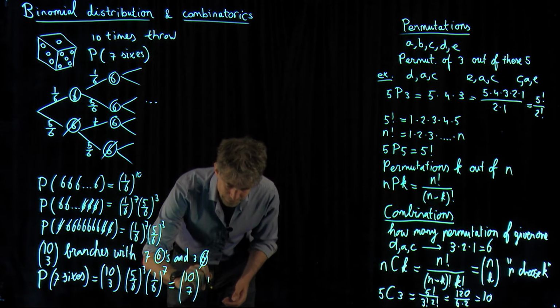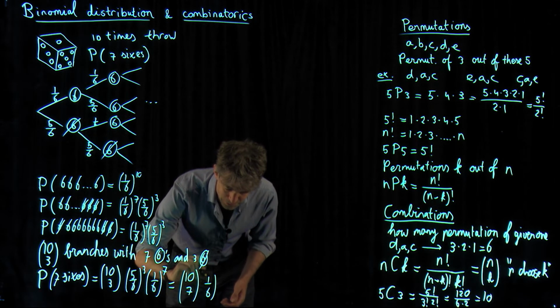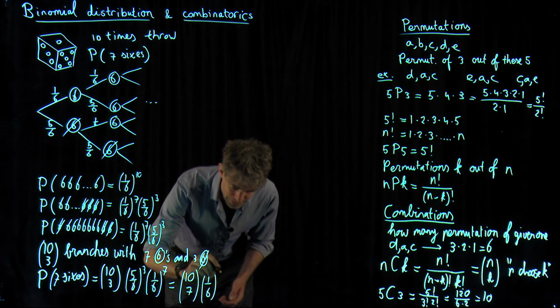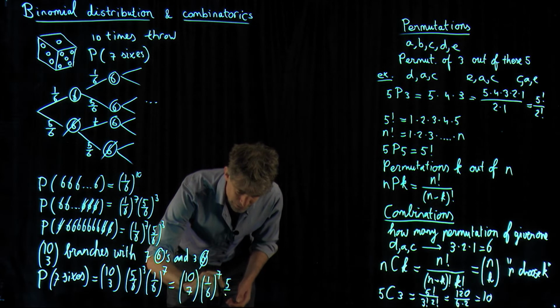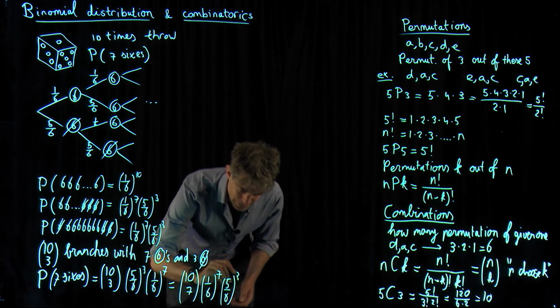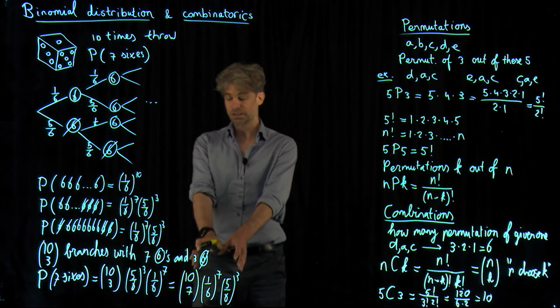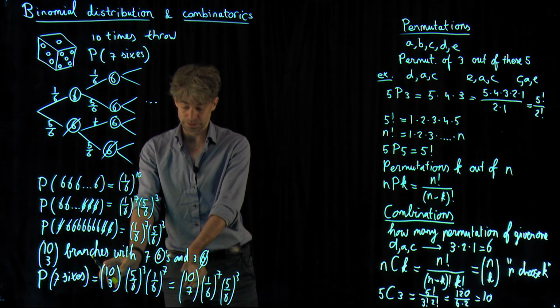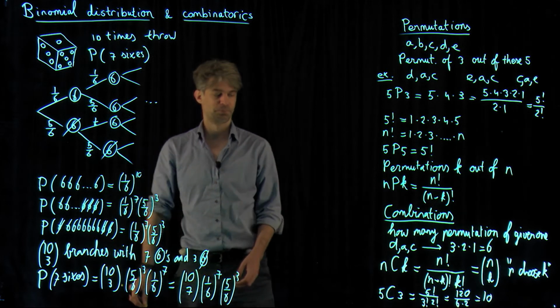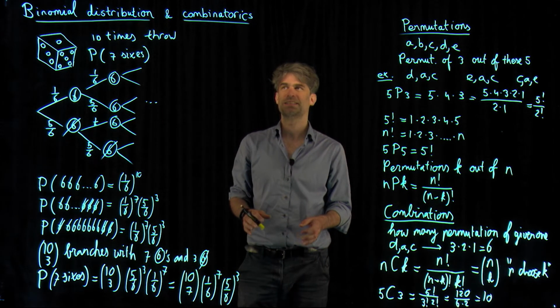Usually, if we're going to generalize this, you first put the thing that you're interested in, namely the sixes, and then the stuff that you're not interested in, the non-sixes. There you go. So this ends up being the same. Actually, these two combination numbers are equal. You can think a little bit about why that is the case.